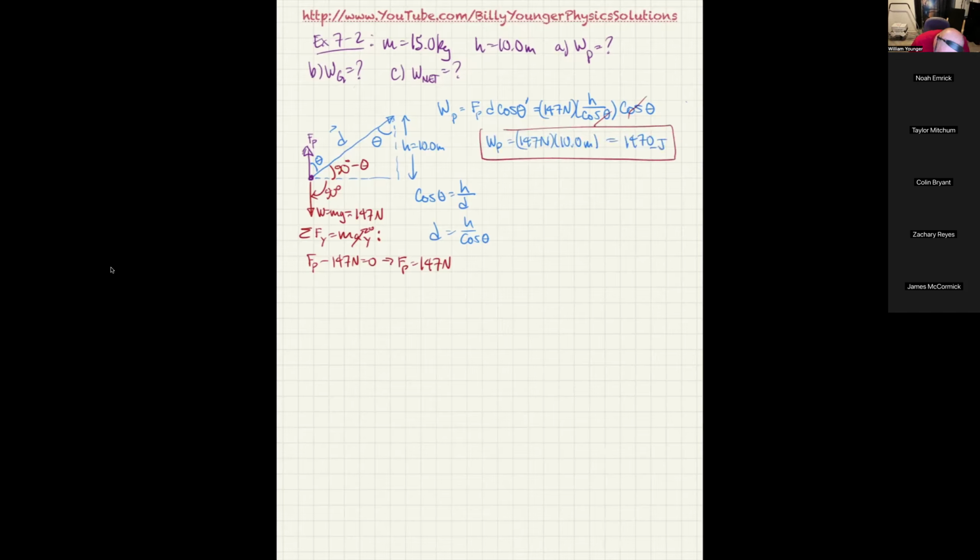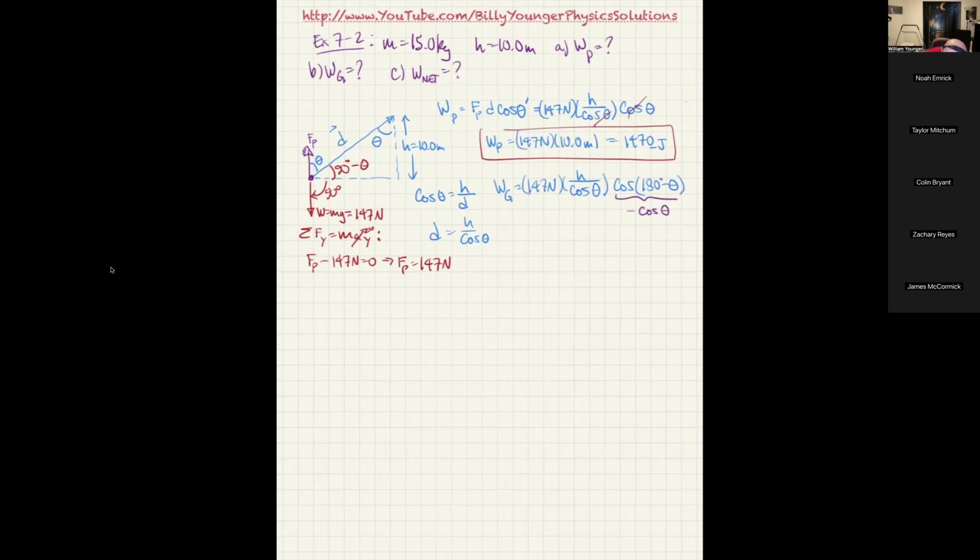Now, when I do the work done by gravity, that's where I'm going to get that 147 newtons times h over cosine theta. And now this time I get the cosine of 180 degrees minus theta. Well, this is a trig identity, but this is the same thing as negative cosine of theta.